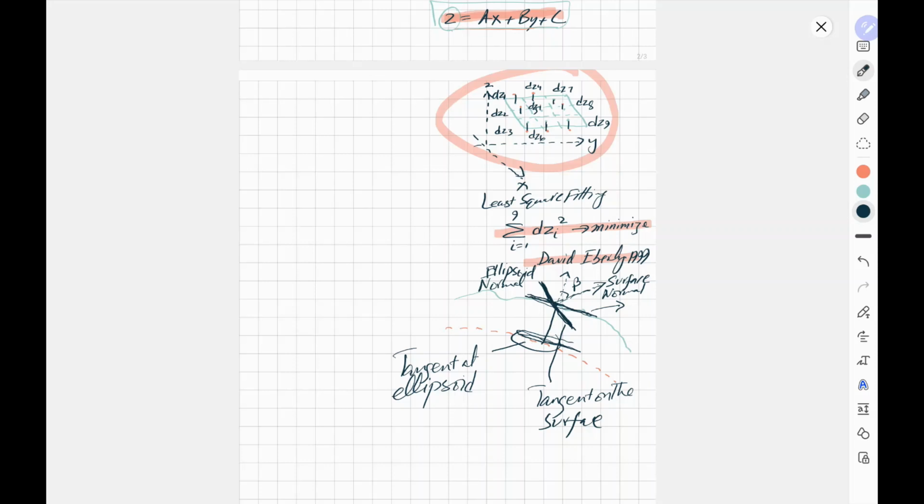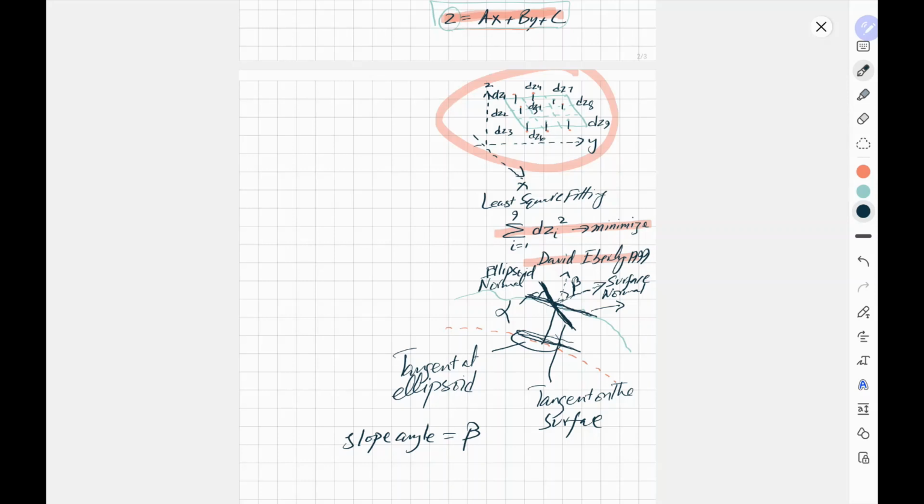The angle between the normals of the two is known as beta, while the angle between the tangents is known as alpha. So what is slope? Basically, the slope angle is this beta.